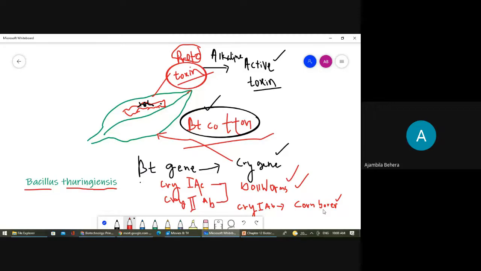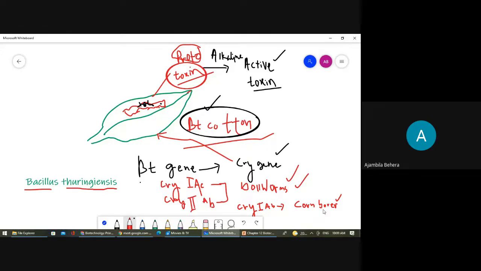in order to make the BT cotton, that normal step that you know in biotechnology, the principles and processes, you already know how to make the host plant transgenic. How can we go for that? Susri Savitri, please tell.